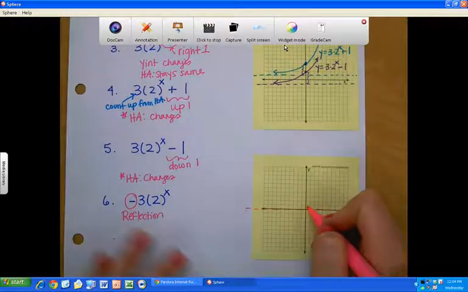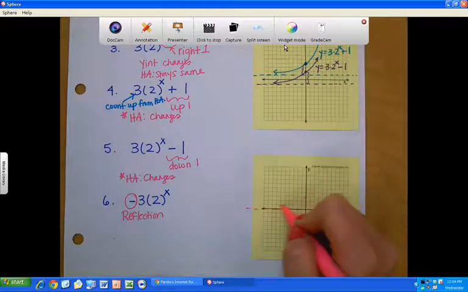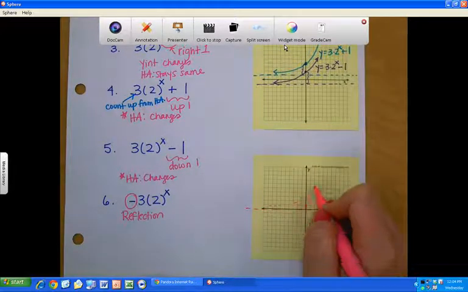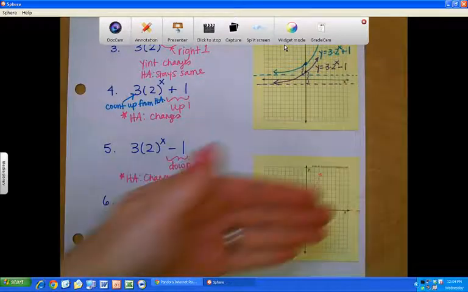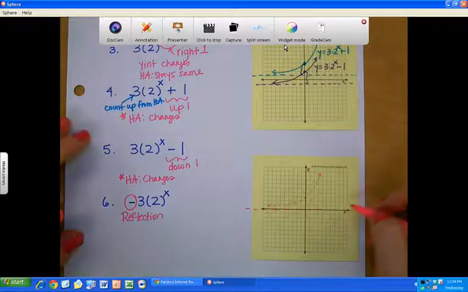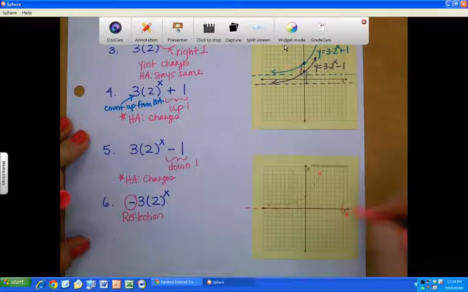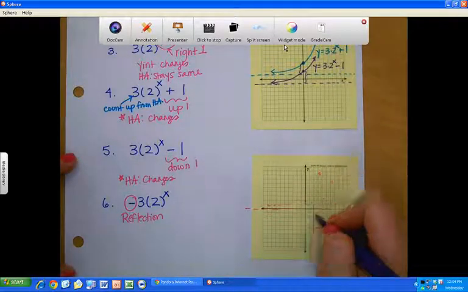So if that negative were not there, this would be at 3, and then you would draw it like this. That's what it would look like if the negative was not there. But the negative is there, which means you have to take this and flip it. Reflect it about the line y equals x.